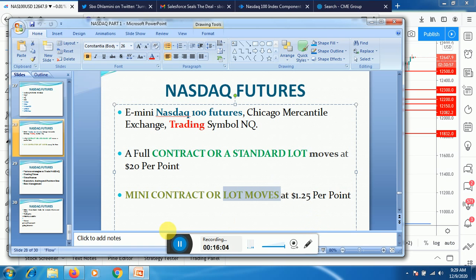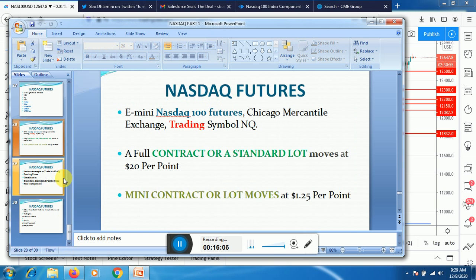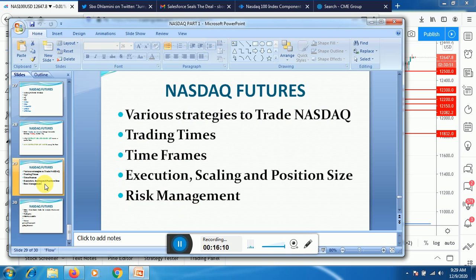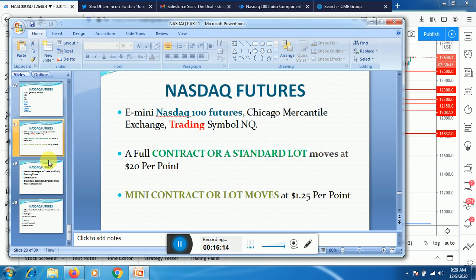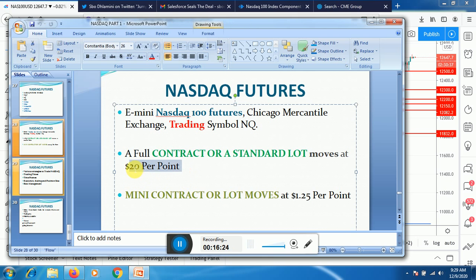So it's very important to know these things, because some people really confuse what type of contracts they should open, and also which sizes they should trade, because you cannot open a big contract on a small account. $20 a point on a 300 US dollar account, you would be gone in no time.